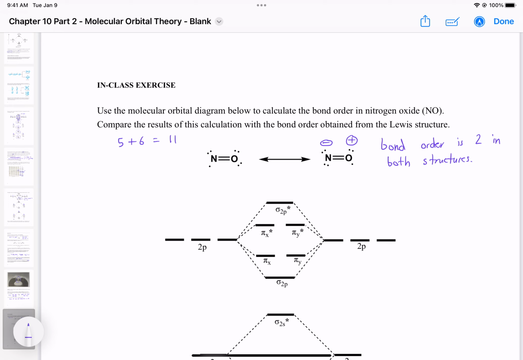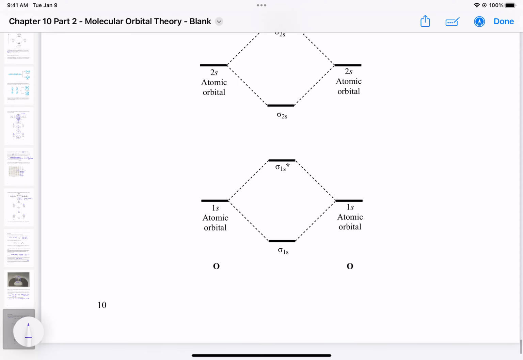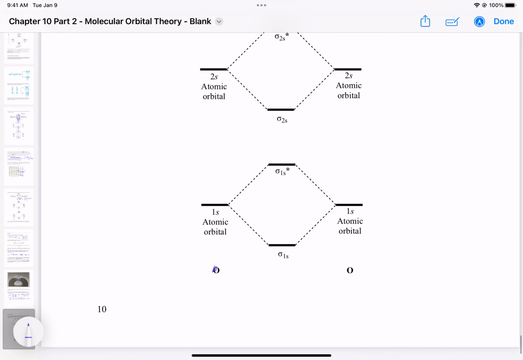All right. So now let's fill up these orbitals here. So nitrogen has, oops, I should have changed this. You simply can't copy and paste. All right, so nitrogen has 7 electrons, right? And oxygen has 8, so we should have a total of 15 electrons. All right, so let's fill them up. 1, 2, 3, 4.